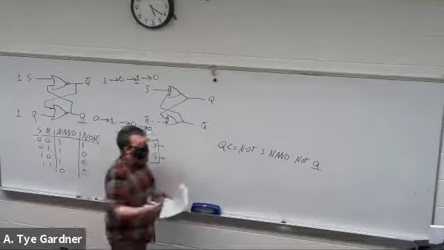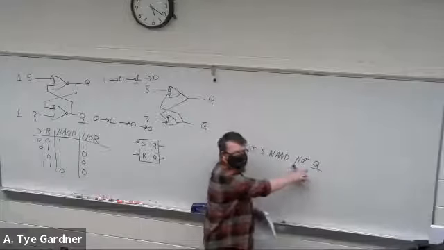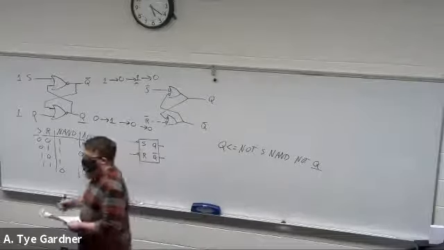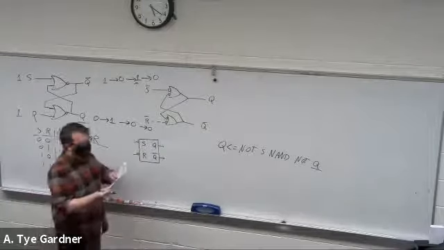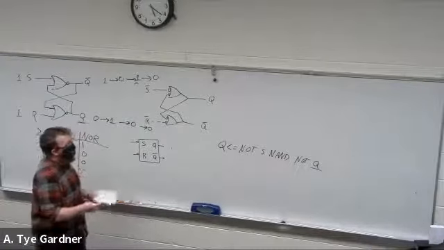And VHDL doesn't like us to put a Q on an output on the right side of an expression. It's going to throw an error and say this isn't allowed, and it's going to be really cryptic sometimes. And so we have to come up with another way of doing this.